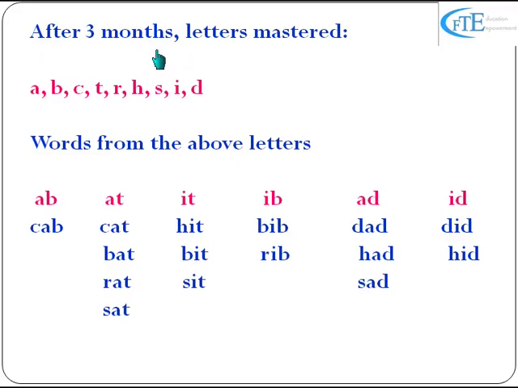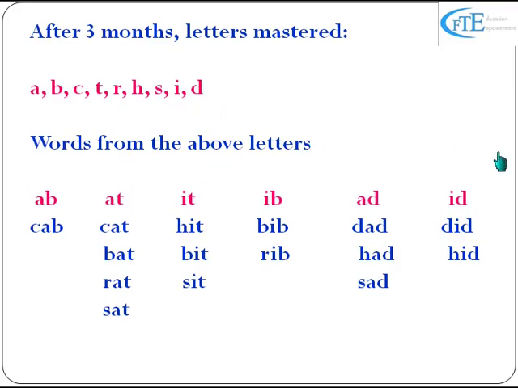After 3 months, your child would have mastered close to 8 to 9 letters. Now, let us assume that your child now knows how to read and write a, b, k, t, r, h, s, e, d.